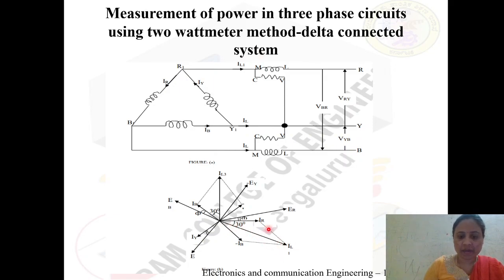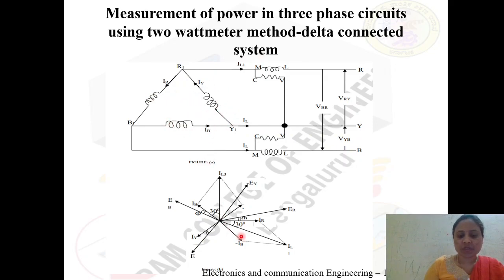The line current IL is the vector difference between IR and IB. Similarly, the other line currents can be taken as the vector difference between the 2 corresponding phase currents.